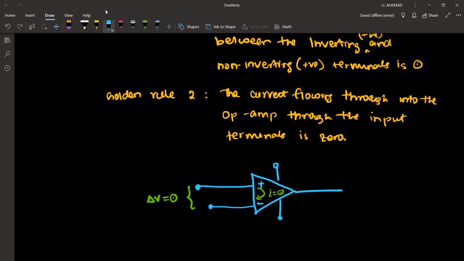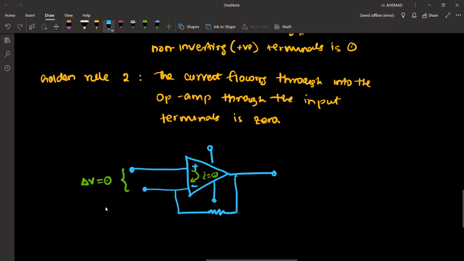Remember, it is only applicable for closed loop. Oh, we forgot to make it a closed loop. Closed loop and negative feedback. Otherwise, it is not valid. So in this situation, when it is working as an amplifier, it will always stay within the linear region.